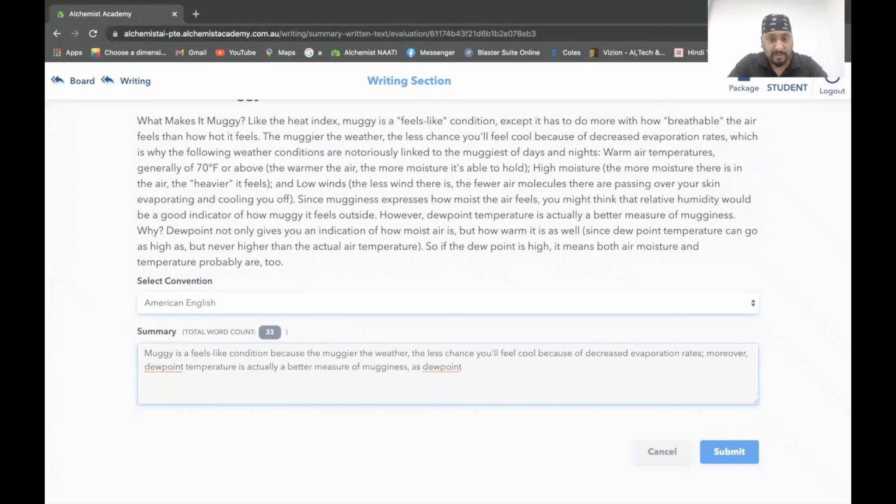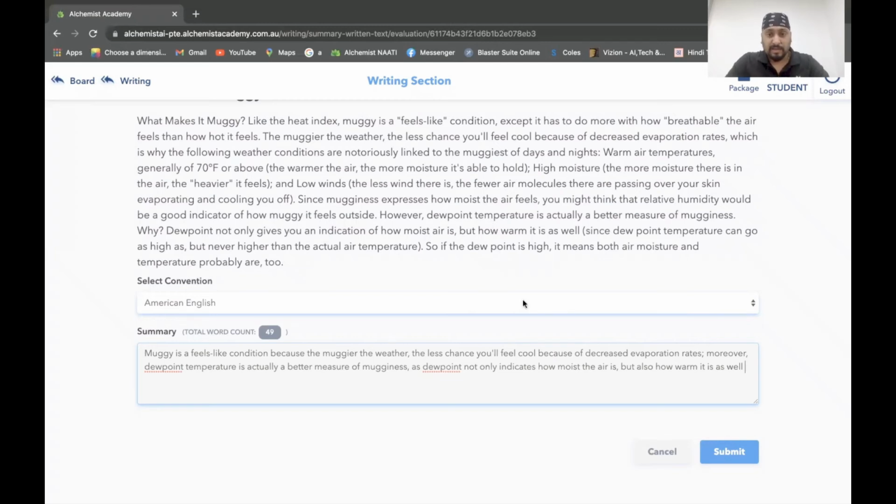As dew point not only indicates how moist the air is, but also how warm it is as well. Basically, I'm just picking it from here.